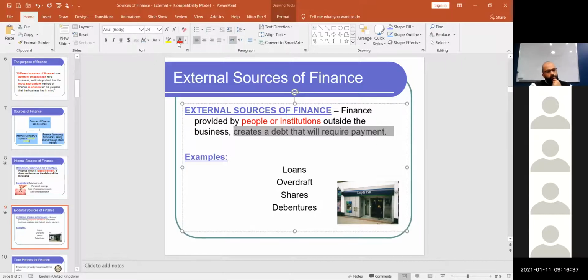And you are required to pay this amount of debt. If you fail to pay the interest and the amount of the money borrowed from people, there is a liability, there is responsibility for this. Any questions before I move on?